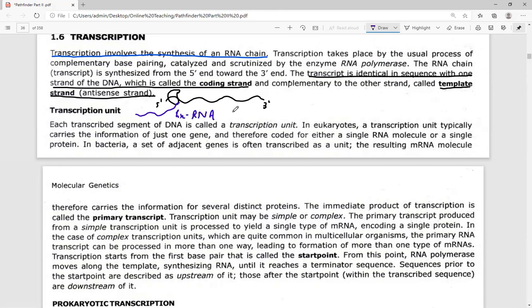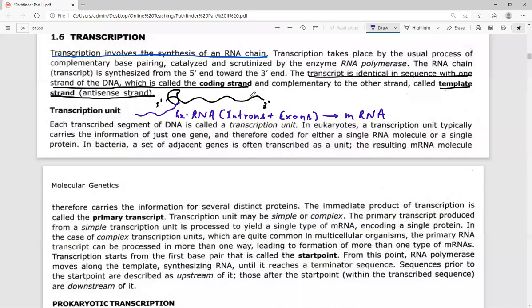The introns and exons will undergo splicing in order to form mRNA. When they undergo splicing, the RNA that is produced is referred to as an mRNA molecule.